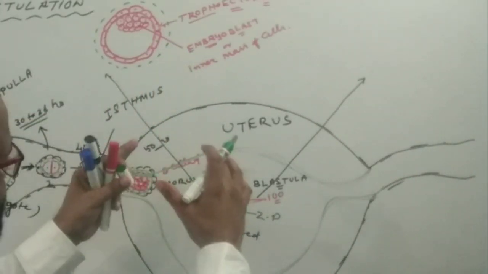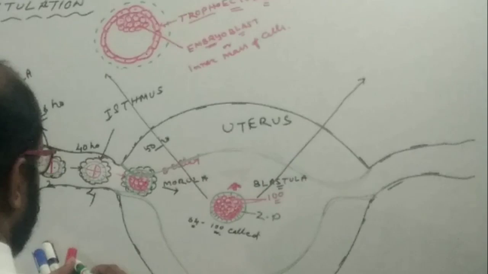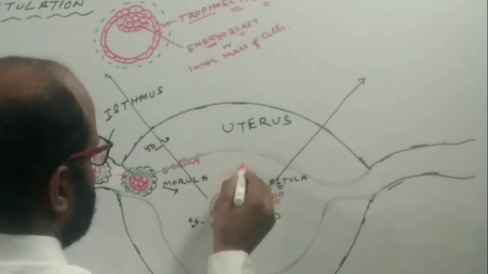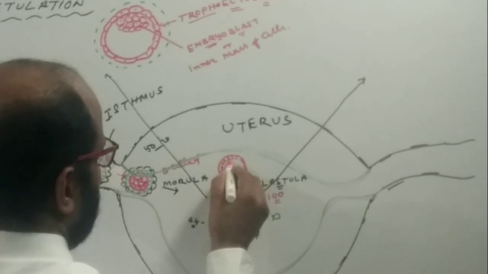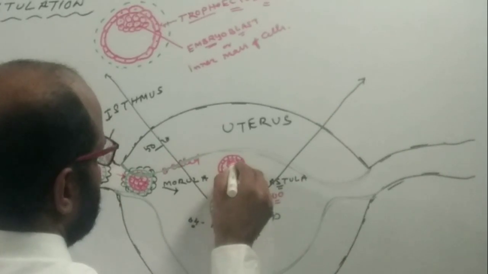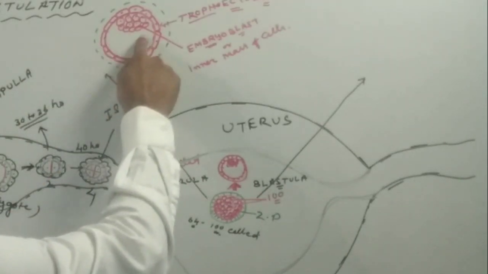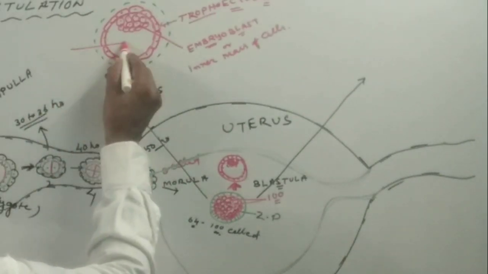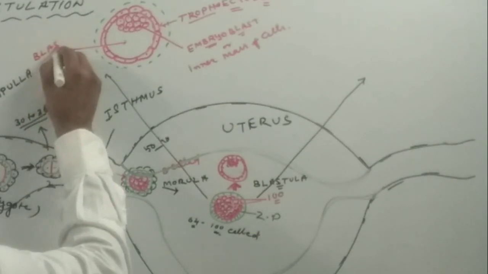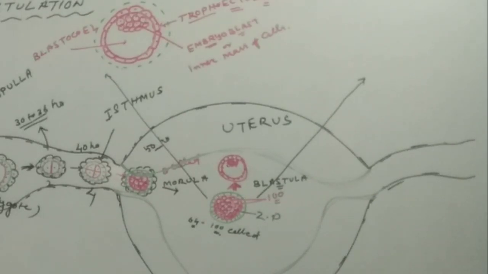Then the internal blastomeres are exposed to the outside. Suppose this is the structure, and this is the inner mass of cells. What happens next is the formation of a space inside this structure, which is known as the blastocyst.